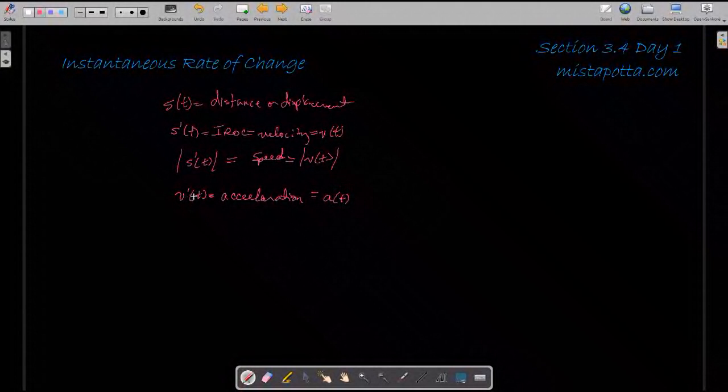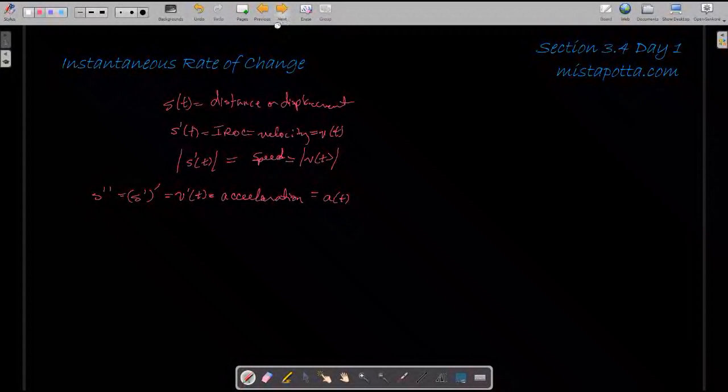But remember that this velocity function is really the derivative of my displacement, so acceleration is really the second derivative of displacement.